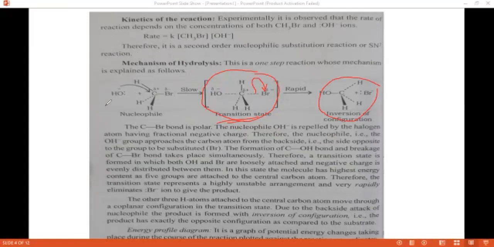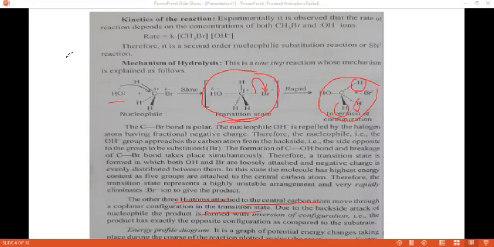There are three hydrogen atoms attached to the central carbon atom. These three hydrogens can move through a coplanar configuration in the transition state.